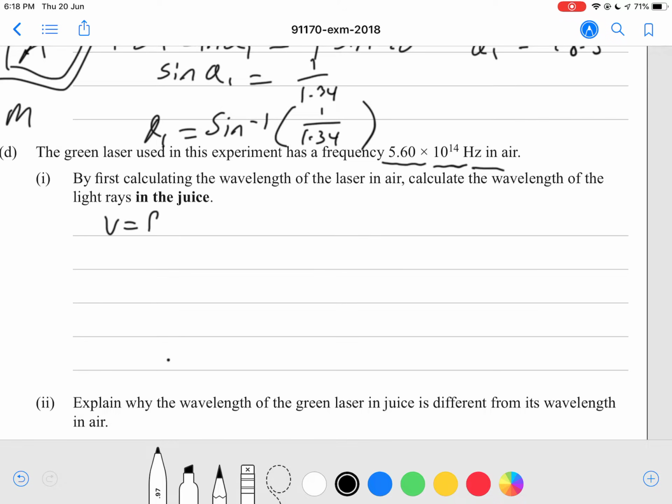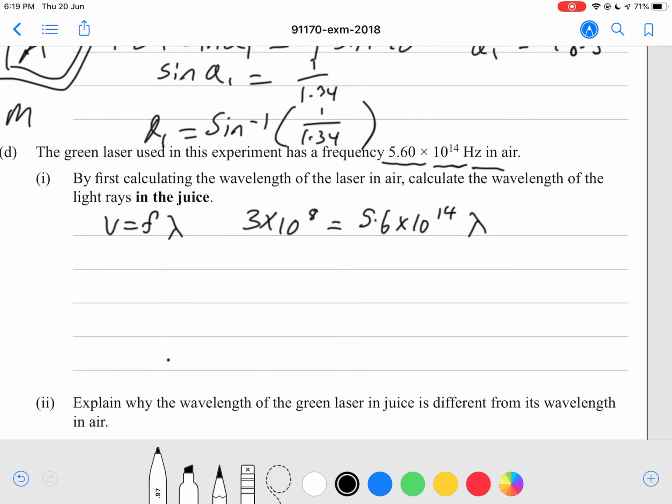So our velocity equals f lambda. Our velocity is 3 times 10 to the power 8, equals 5.6 times 10 to the power 14 times lambda. If we plug this into our calculator, that's 3 times 10 to the power 8 divided by 5.6 times 10 to the power 14.